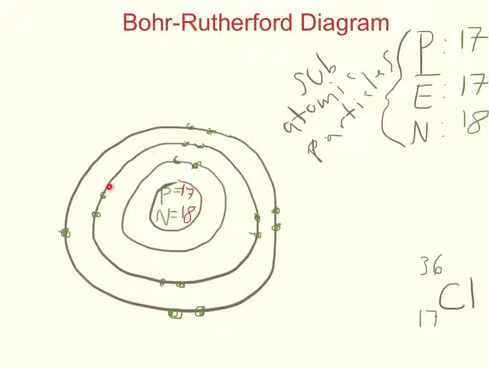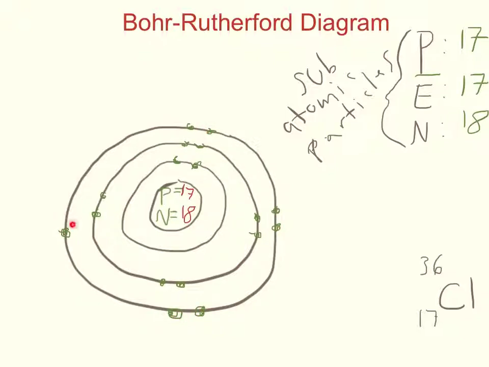Now we have our successful Bohr-Rutherford diagram with our subatomic particles all on here. So we have our protons and neutrons, which are in the nucleus, and all our electrons divided evenly around in different orbits. Here is our last orbit, and in this orbit we have 7 electrons.